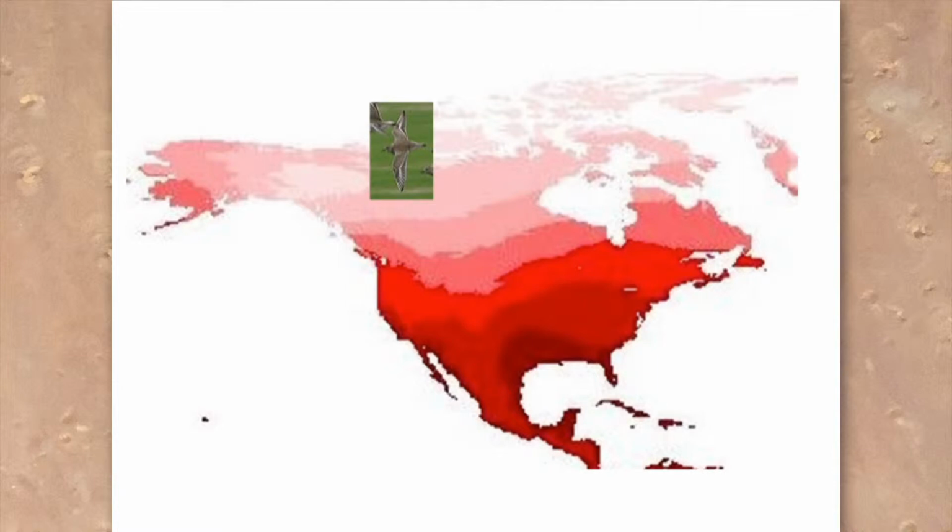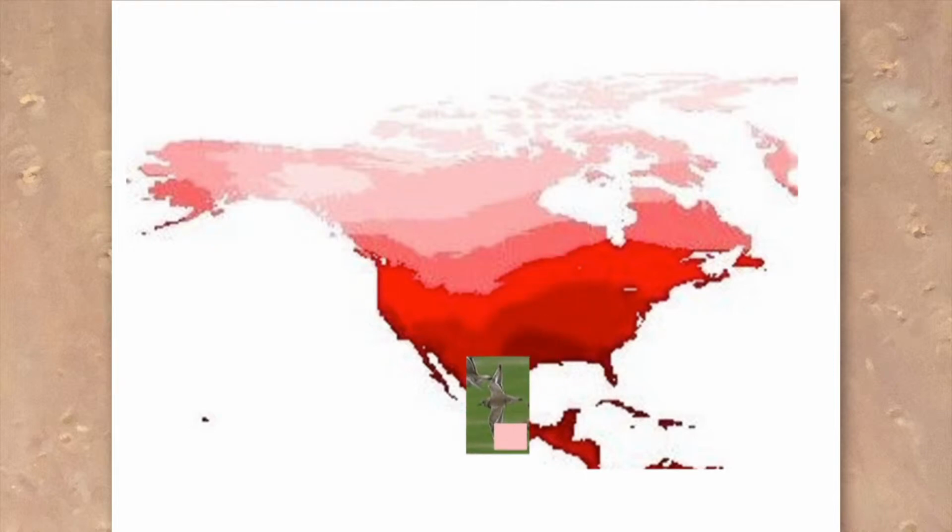This map, for example, shows the gradients in stable hydrogen isotopes of precipitation across North America. Now, when a bird grows a feather in one location, that feather chemistry reflects the local environmental chemistry where it was developed. Because feathers are metabolically inert, that environmental chemistry is locked into the feather and then transported with the bird as it migrates south for the winter.